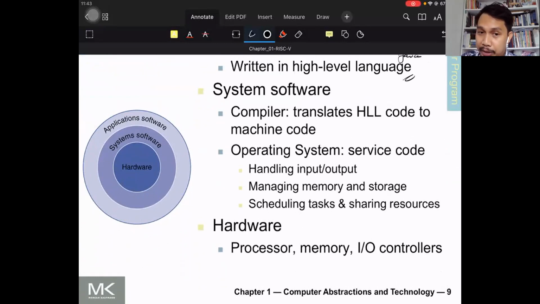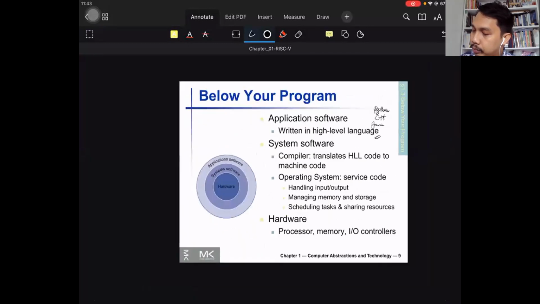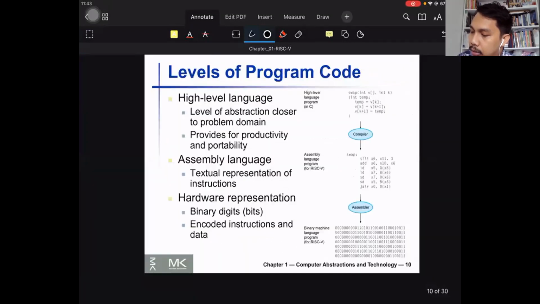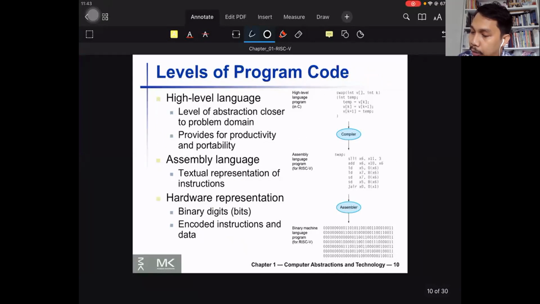We hear these terms often when we speak of computers. What's the difference between the two? We'll cover that later. So we have high-level programming languages, assembly language, and machine language, the hardware representations.